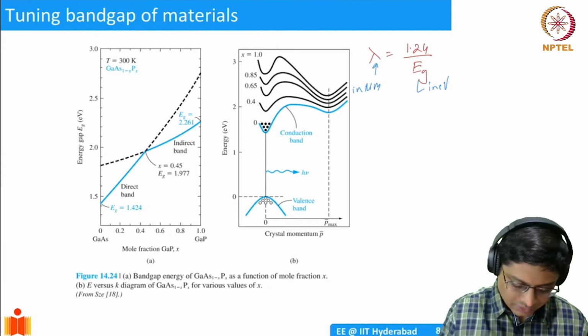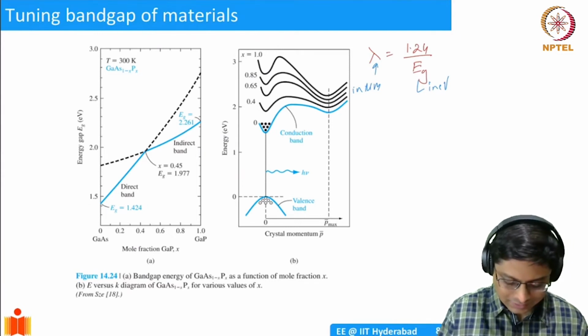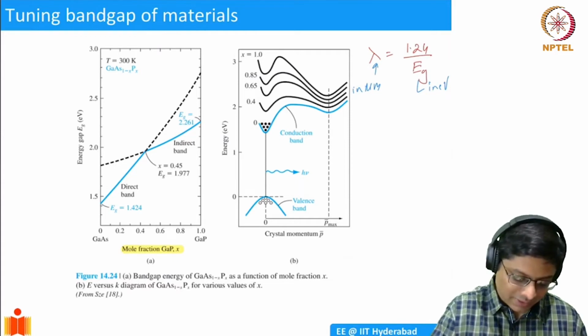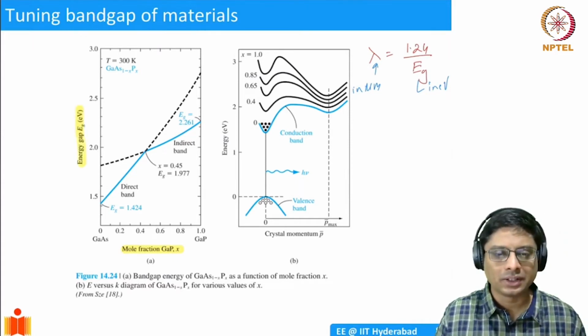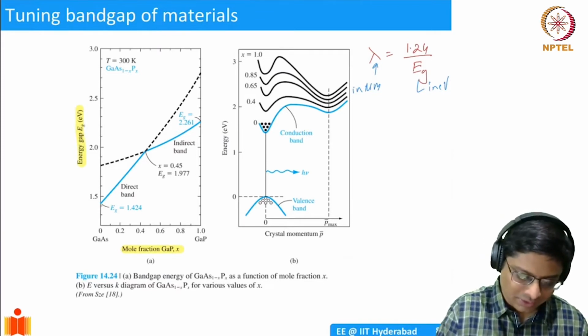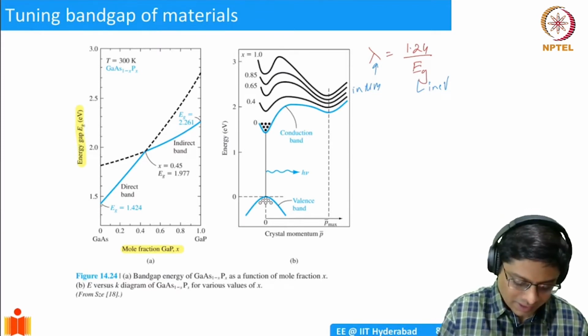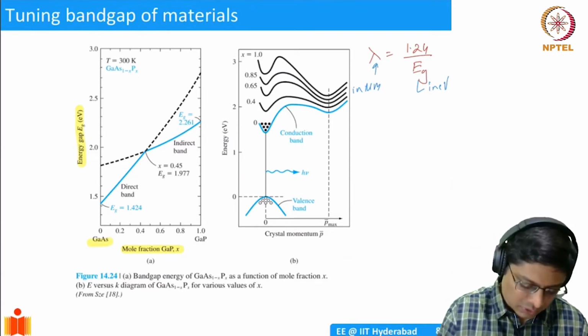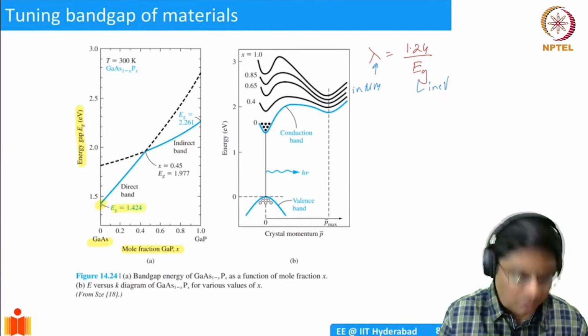Here on the left, on the x-axis we see mole fraction. I'll describe in a moment what mole fraction is. On the y-axis, you have energy gap. We have two well-known materials. The first one is gallium arsenide, which has a band gap of 1.42 eV, so I'll put it here at Eg of 1.42.